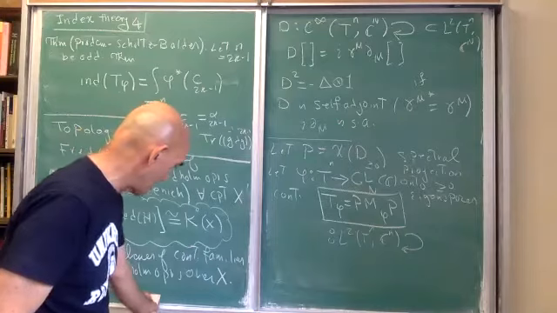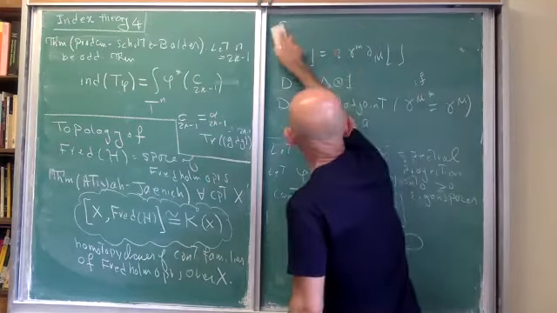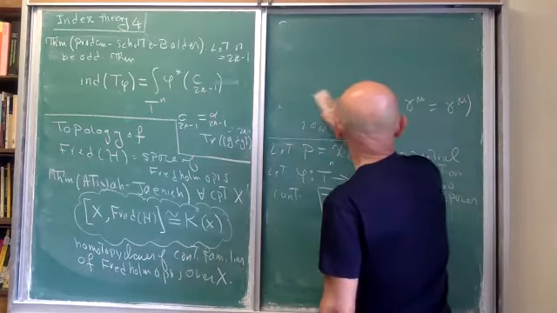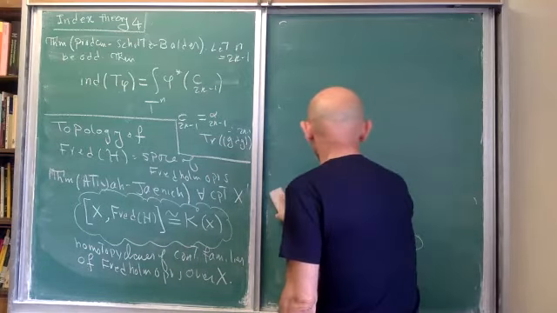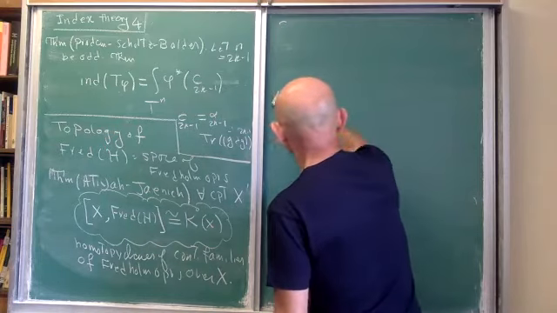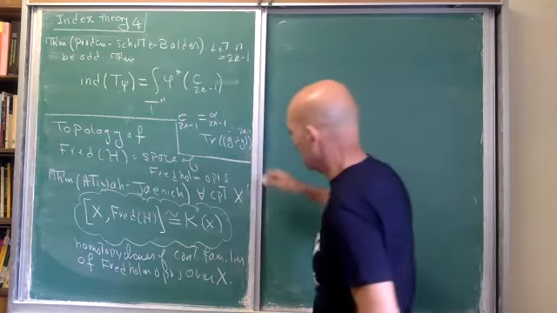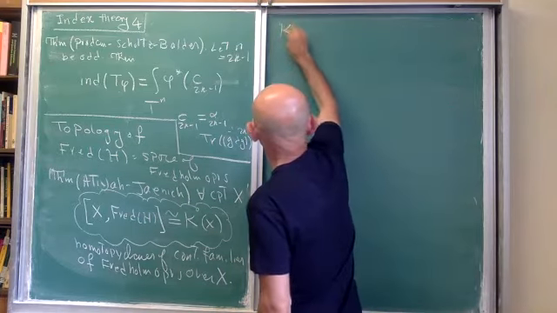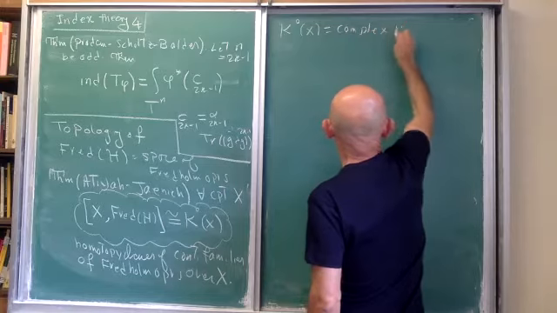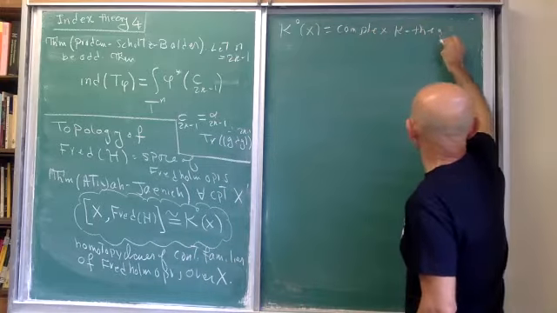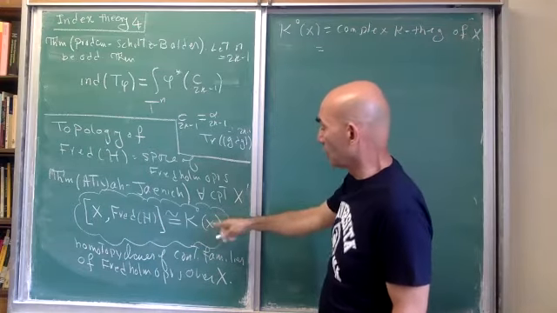Let me recall for you, this is complex K-theory. K0 of X is the complex K-theory of X. That is the group completion, or Grothendieck group.